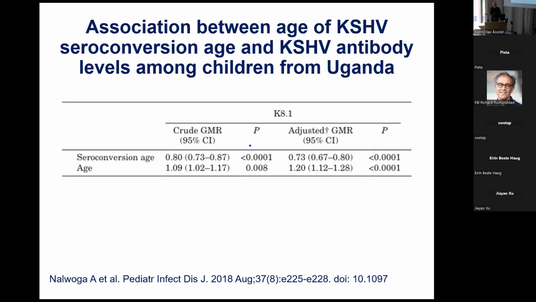All kids get infected with this, and they've got a lovely study now followed up to age 20. They have annual blood samples, and you can go back and say in which year that child seroconverted, and the earlier you seroconvert, the higher your antibody levels are, and the supposition is that the higher your risk of developing Kaposi's sarcoma.